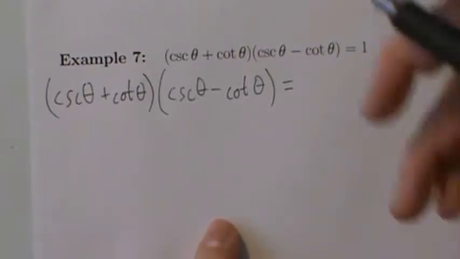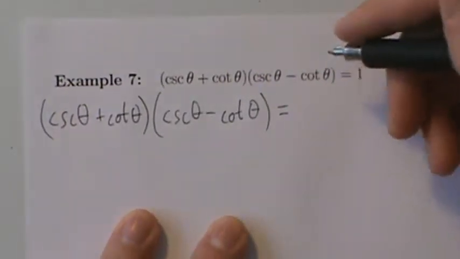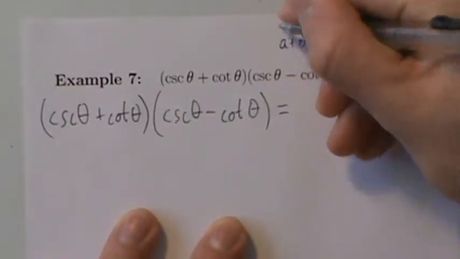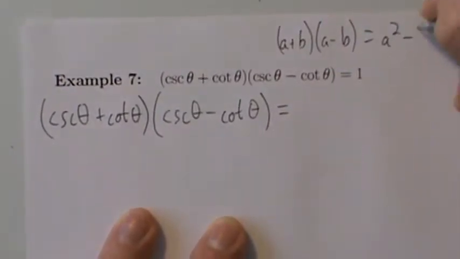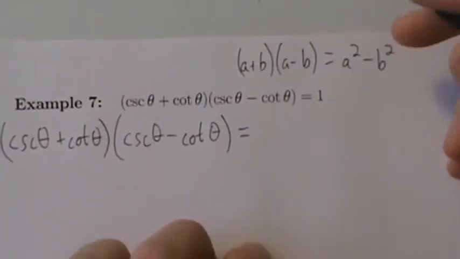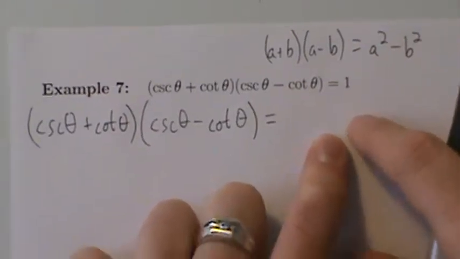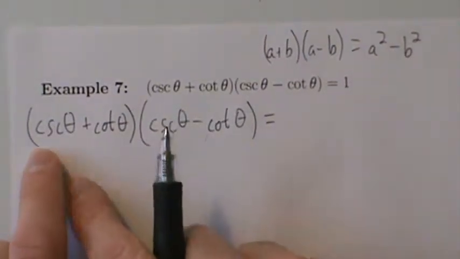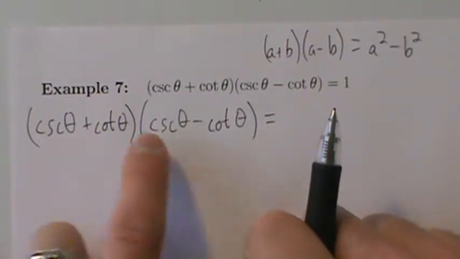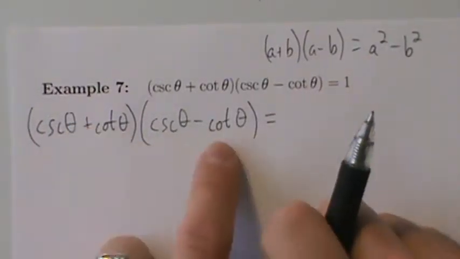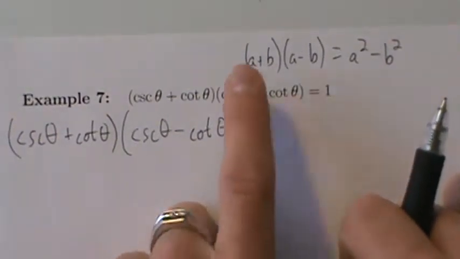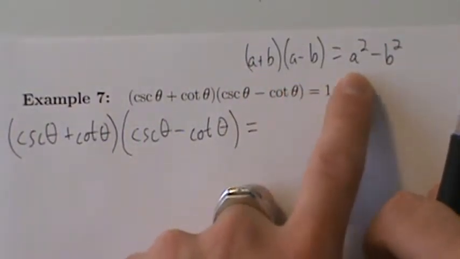Remember, in general, if you have a plus b times a minus b, that's going to be a squared minus b squared. This is the same kind of thing we have here: this plus that, times this minus that. So cosecant of theta, cotangent of theta, here's a plus, here's a minus, so it's the exact same thing. A plus b times a minus b is a squared minus b squared.